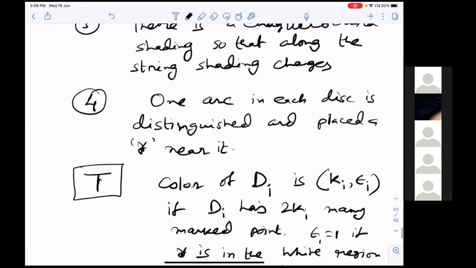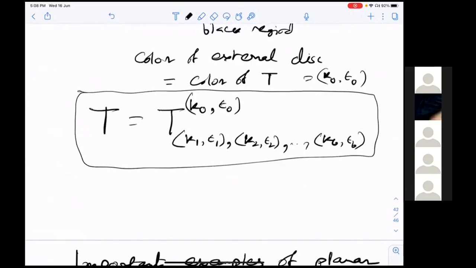So all this data can be written in a simpler way. We call T a tangle, and this tangle data is encoded like that. Above T we write k naught, comma, epsilon naught. This is the color of the external disk, and these are the color of the first disk D1 of the tangle, and the color of the second disk.